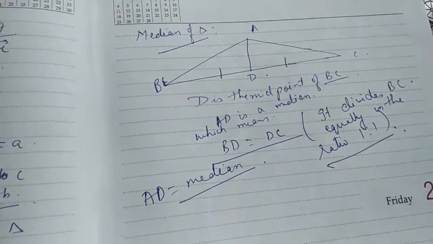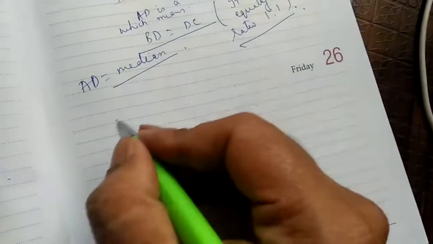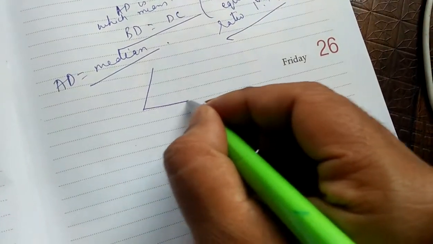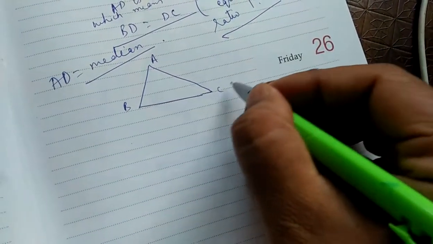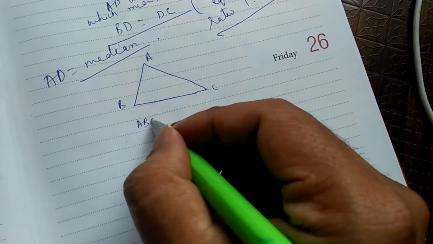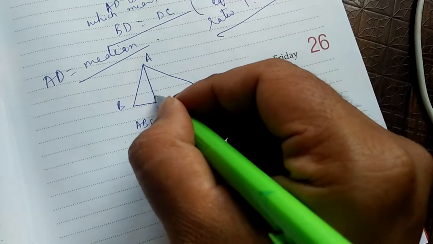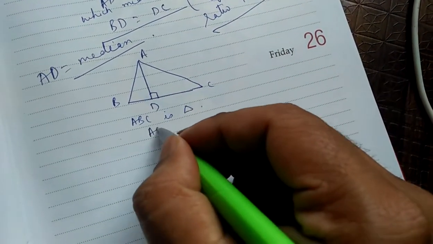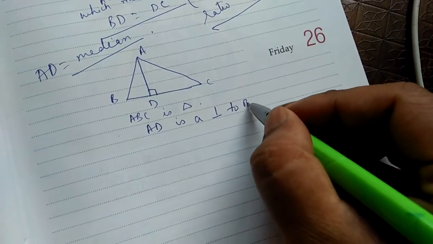Okay, so now let's understand. Let's say ABC is a triangle. Okay, AD is a perpendicular to BC.